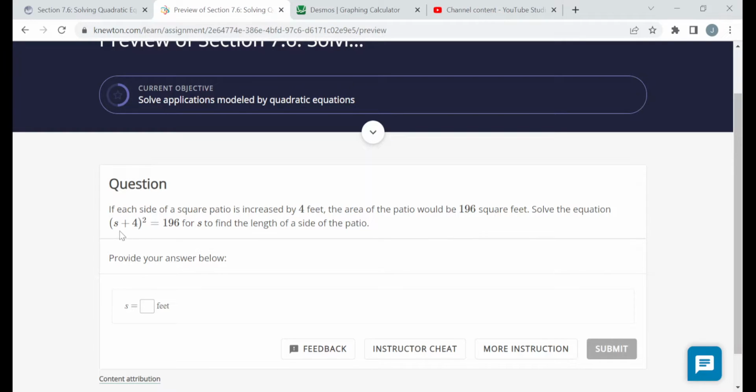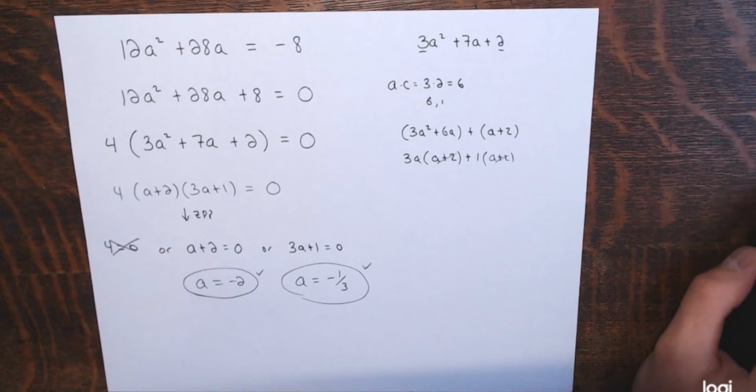So you see, they take the side S of the original square, and they're adding 4 to the side. So now the area, instead of being S squared, is S plus 4 squared, and the area of this new one is 196. So they give us this equation, and they're asking us to solve for S, right? So I'll write out this equation and solve for S.